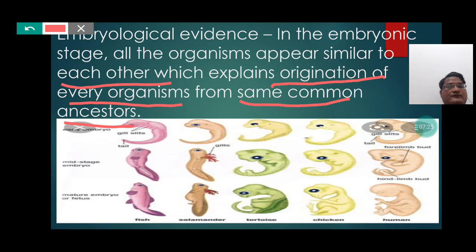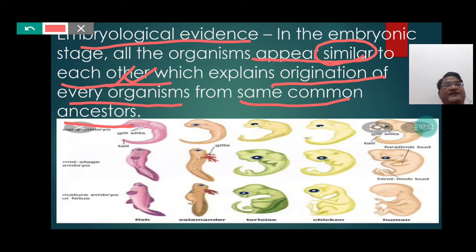So students, embryological evidence actually explains that in the embryological stage, every organism appear more or less similar to each other. It is because every organism has originated from same common ancestor.